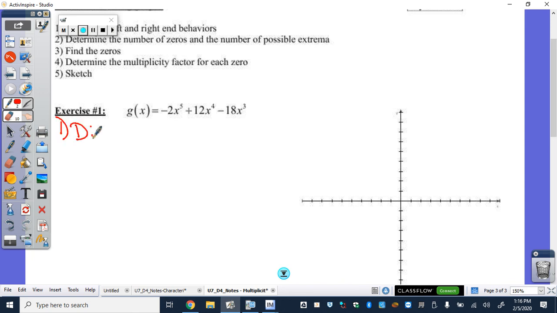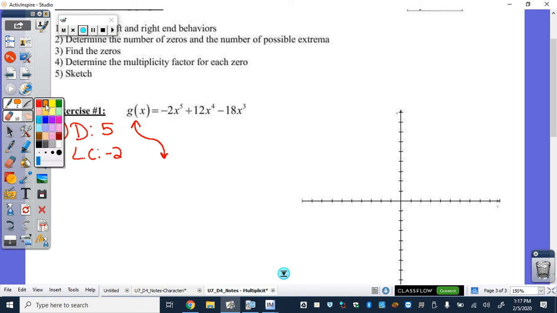Step number 1 wants us to determine our end behaviors. So again, end behaviors are figured out by looking at the degree and the leading coefficient. So my example 1 there, what degree is it? Fifth degree. Leading coefficient is -2. So again, odd degree with a negative leading coefficient means the left side would be up and the right side is going to be down.